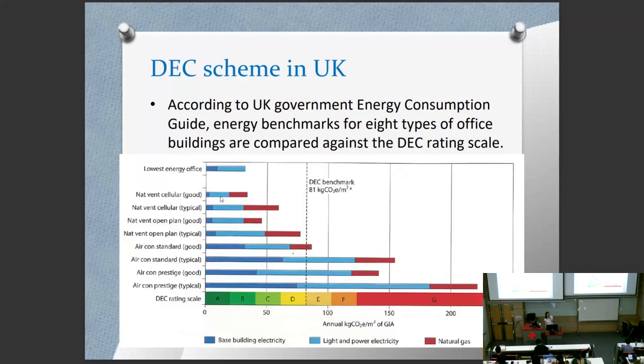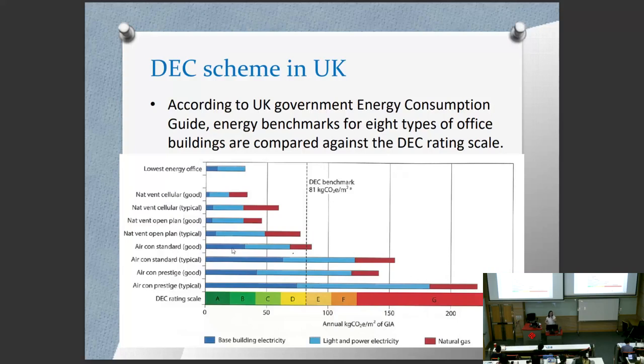They have different energy or emission values. It is expected that if your building is naturally ventilated, then the energy consumption must be less, right? If it relies on air conditioning, then the consumption will be higher.